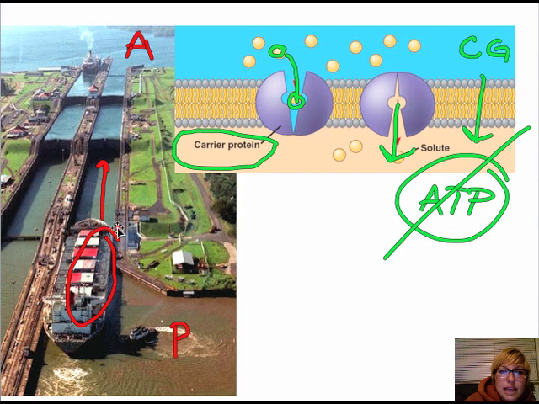The gate behind it closes, then that area fills up with water, and the boat becomes elevated because the water level goes up. It becomes elevated enough that it can move up to the next level, and again and again and again. So essentially, this canal is changing shape to move this boat through. That's a lot like our carrier proteins.